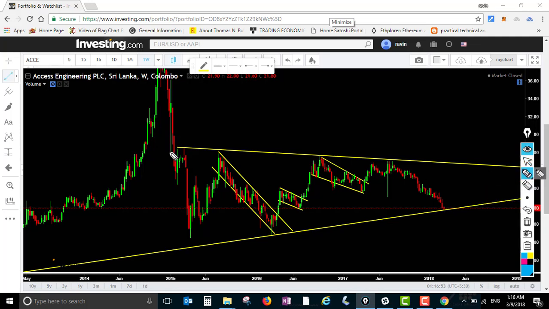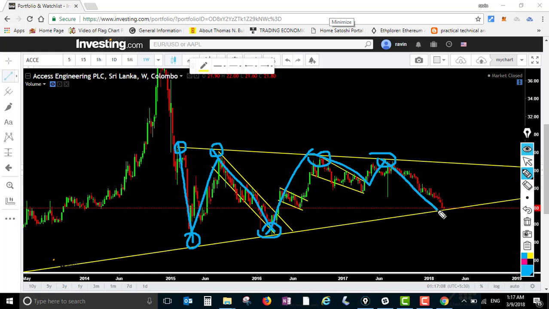Here you can see if you hit this place, it went down. If you hit this place, it went up. Hit this place, again went down. Hit this place, went up. Hit this place, went down. Again hit this place, went down.